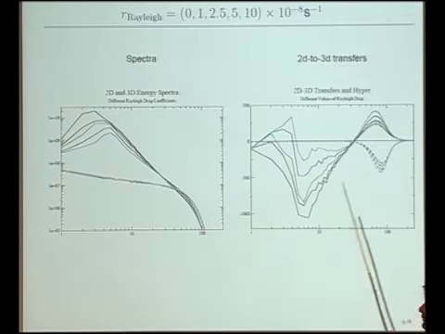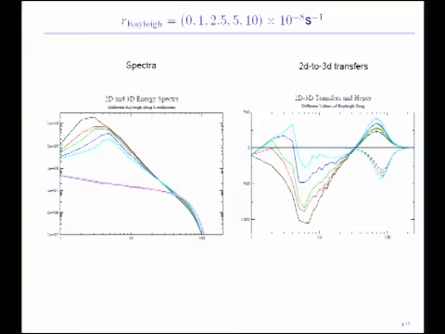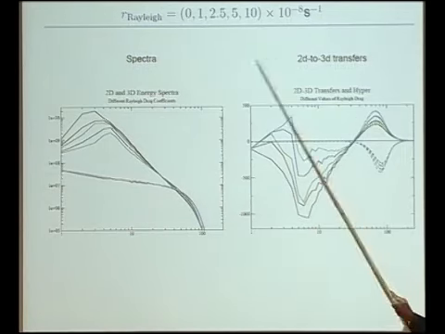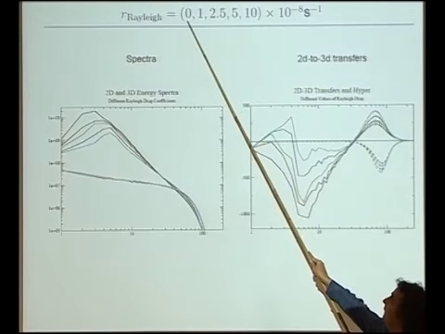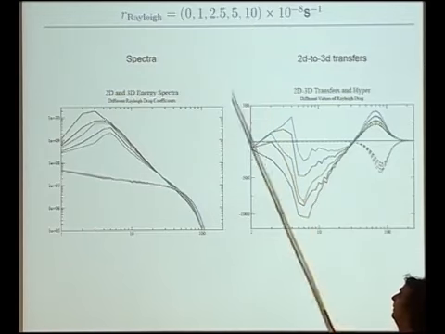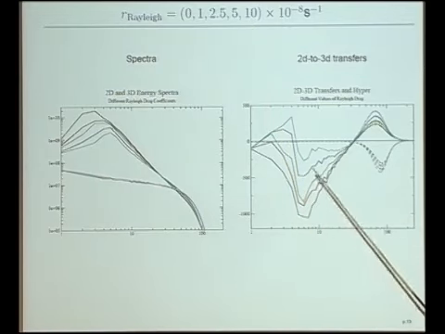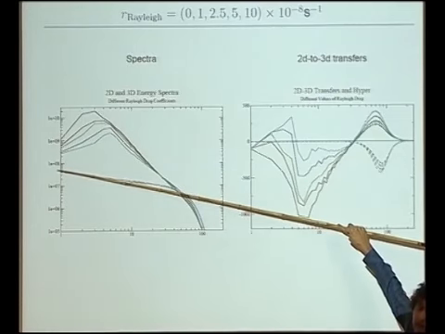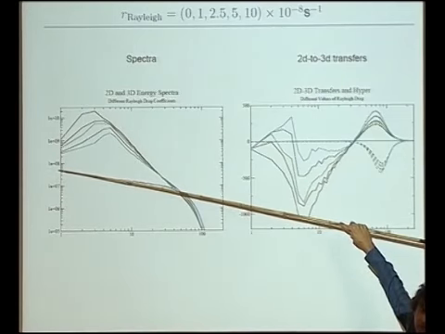Once again, the blue curve here is the same as the blue curve here. So again, it's showing these 2D to 3D transfers as a function of horizontal wave number for this problem. But this time, I'm plotting it for different Rayleigh drags, going from 0 Rayleigh drag to 10 to the minus 7th, which is a kind of number that oceanographers like.